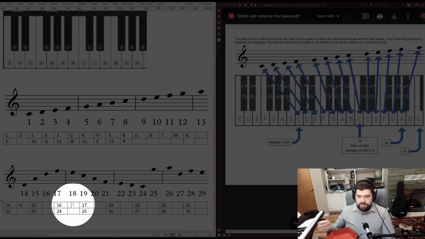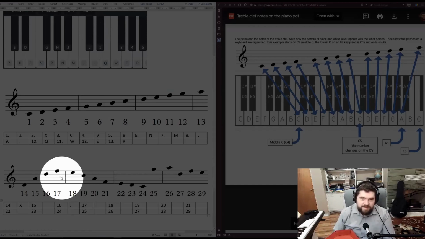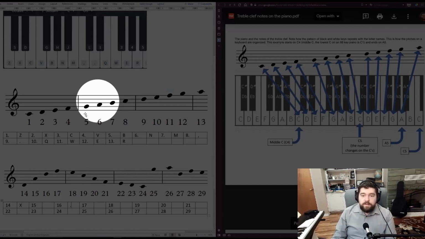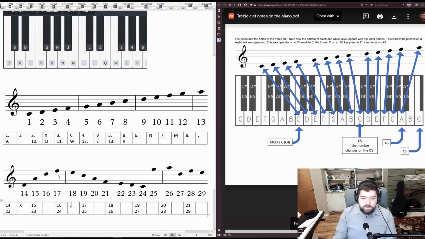So let's get someone else for number 17. That one is on the line above the staff. That one is Marin. Absolutely right, Marin. She said it's a W, and it is that key right here. All right, number 18.